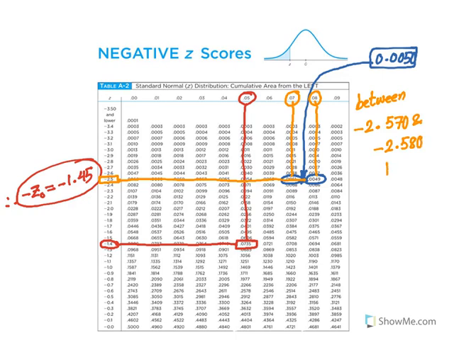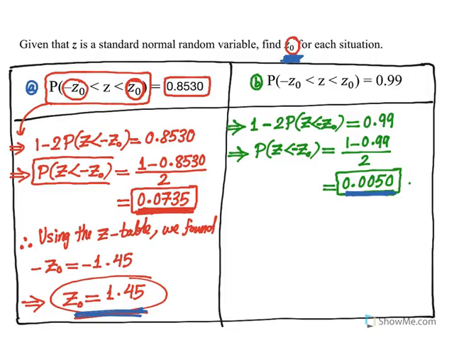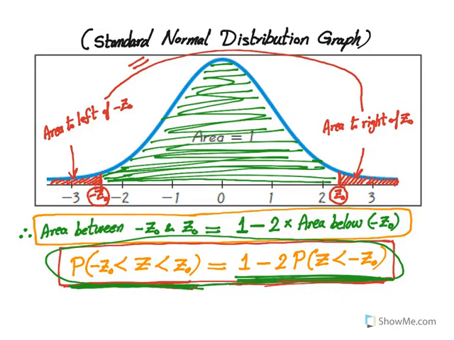Which means that my Z score, in this case I'm writing negative because the answer to the question will be negative, but in general, if the question is just to find the Z score, you don't need to put negative in front of it. But for this type of question, where you need the probability that it's between the negative of Z0 to the positive of Z0, this is the only place where you will be using negative Z0.